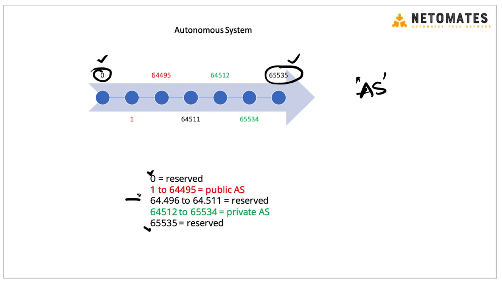Similarly, a range in between, 64496 to 65511, is also reserved for documentation purposes, so no one should use this range either. After removing all these reserved numbers, we have two ranges: one is 1 to 64495, and another is 64512 to 65534. You need to remember only these two ranges.